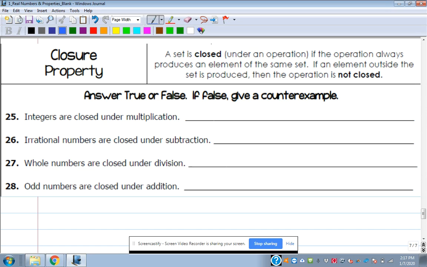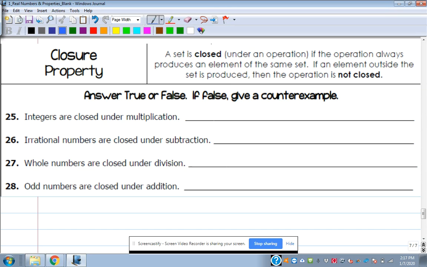Well, if I try some weird integer like negative 13 and another integer like 5, it's negative 13 times 5, negative 65, so it is an integer. So it always gives me an integer back.